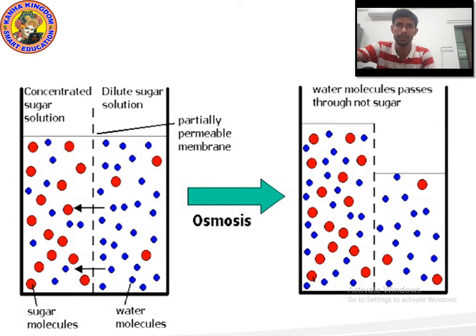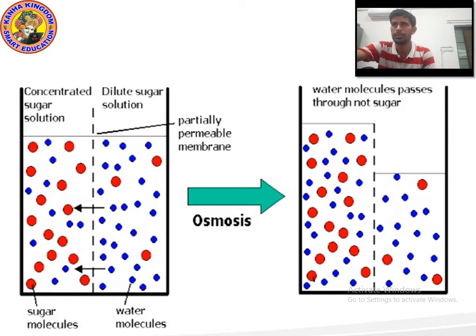You can see the water molecules in violet color, and sugar molecules in red color. The dotted line represents the semi-permeable membrane, we can say partially permeable membrane.